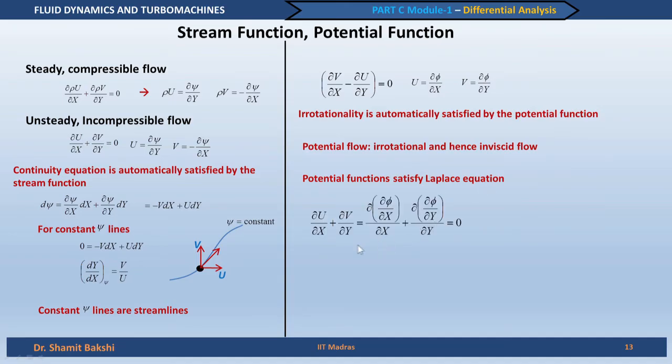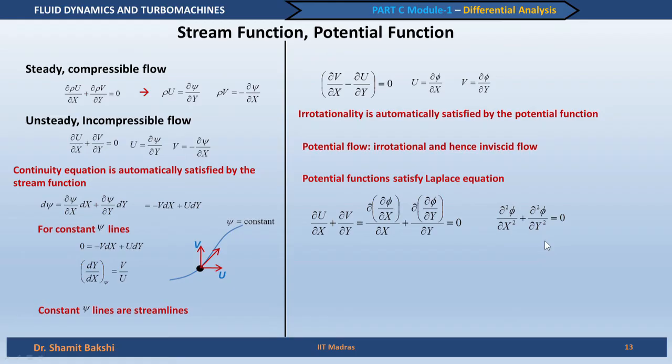This is demonstrated here. You plug in u equal to del phi by del x and v equal to del phi by del y. If you do that, you get the equation in the form of the Laplace equation. It means that the potential function always satisfies the Laplace equation.